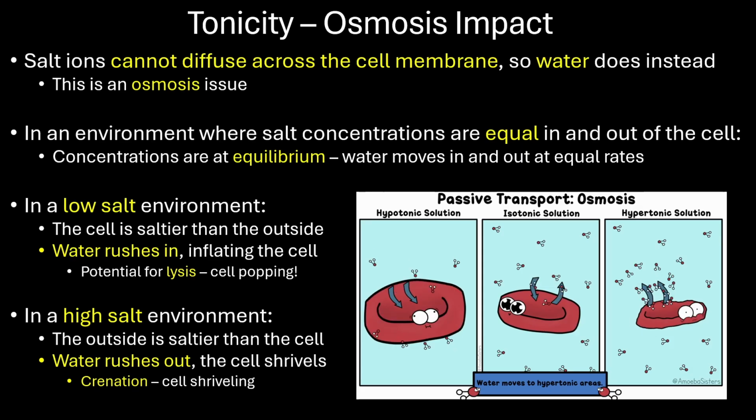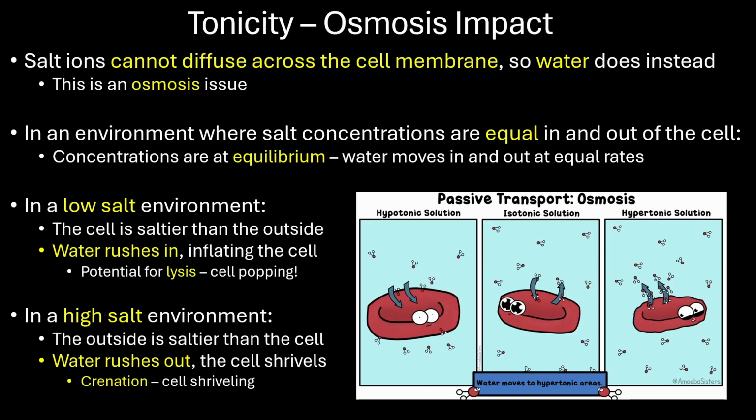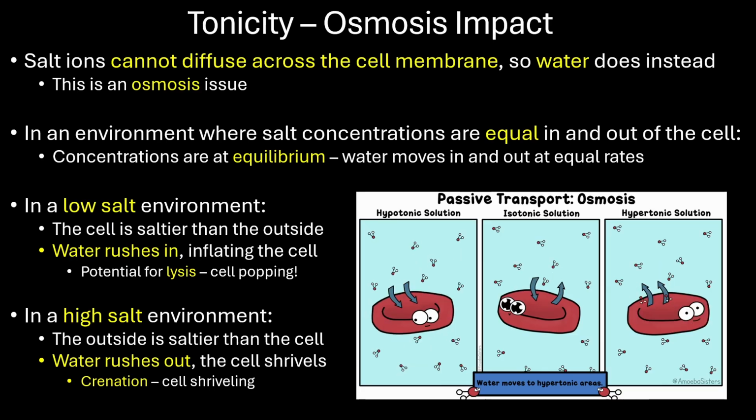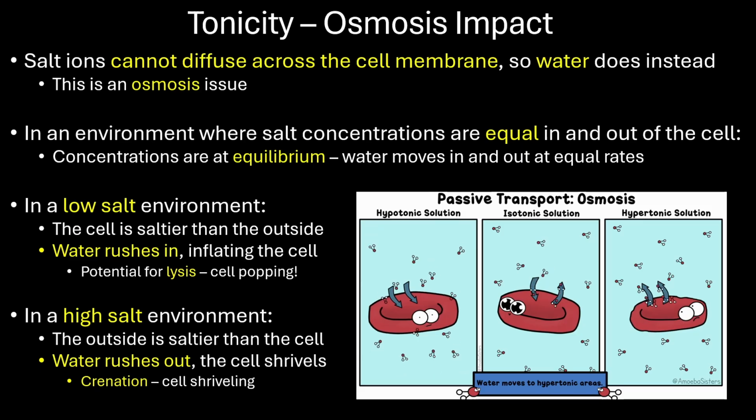So these salt ions, because they can't diffuse, water is going to be moving. And when we have a very salty environment, the water is going to be moving to the place that has the most salt.